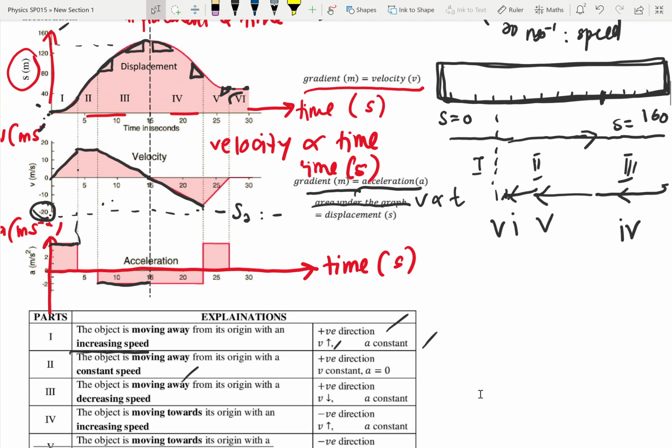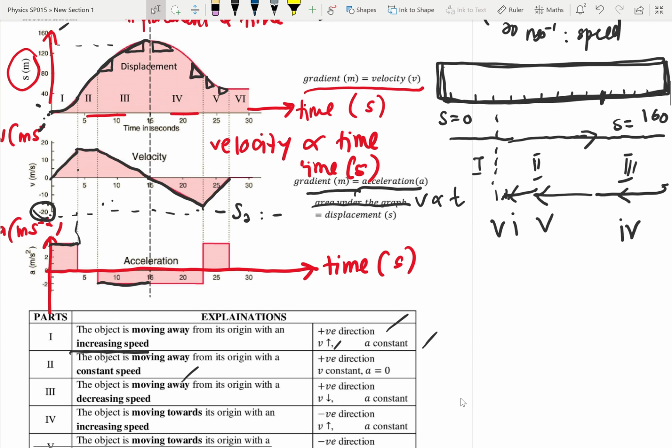And then for part 5 here, the gradient decreases, so the speed decreases from 20 to 0.